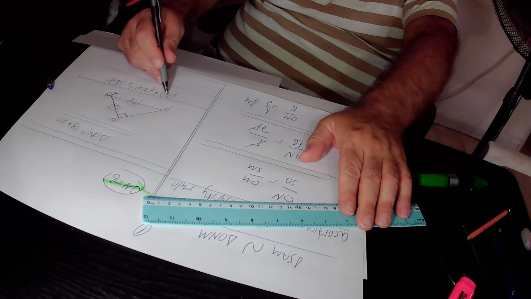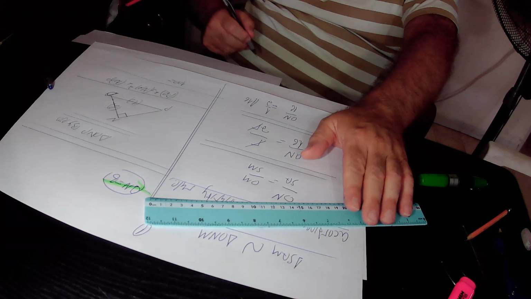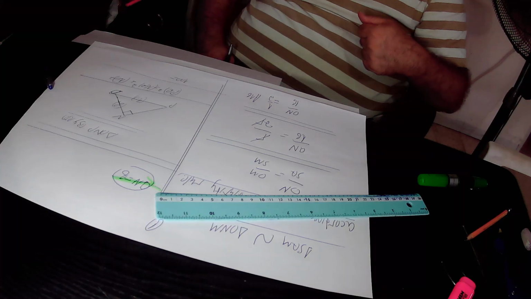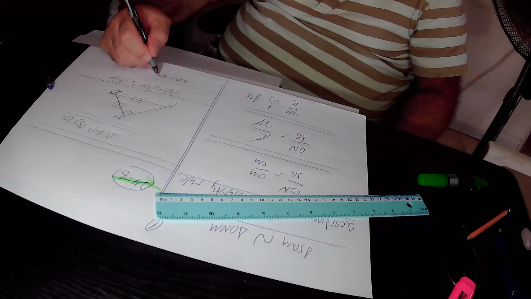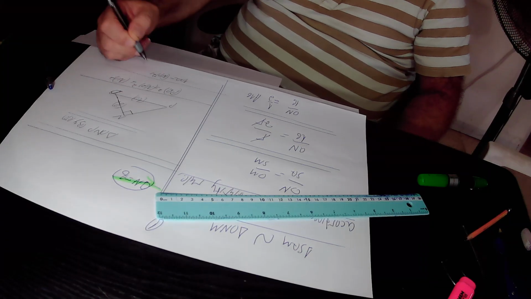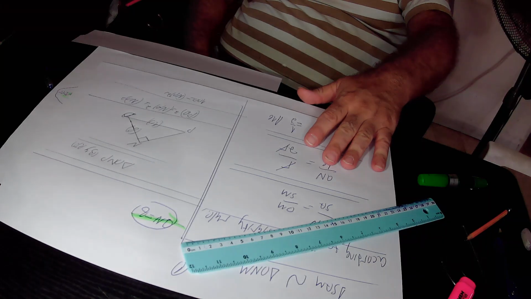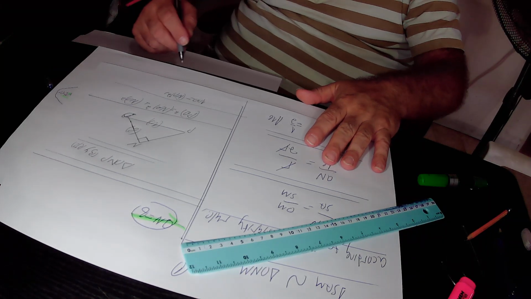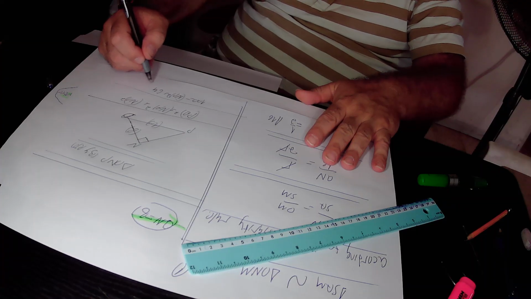PO is 10, therefore PO squared is 10 squared, it is 100. And it is equal to NP squared. NP is the missing side, so we leave it as it is, so it is NP squared plus NO squared. NO is 8, therefore NO squared is 8 squared, that is 64. So in total we found out that 100 equals NP squared plus 64.